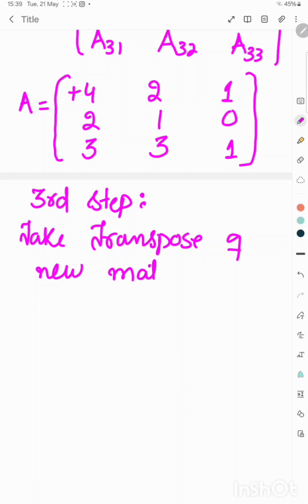Not the matrix which is given, but the matrix which we just found with the help of cofactors and minors. So my third step will be this. Why will I take the transpose? Because the adjoint of A is equal to the transpose of this matrix. That's why I will take the transpose of this matrix, so it will become equal to the adjoint of A.